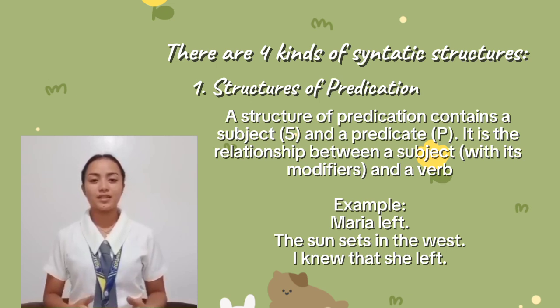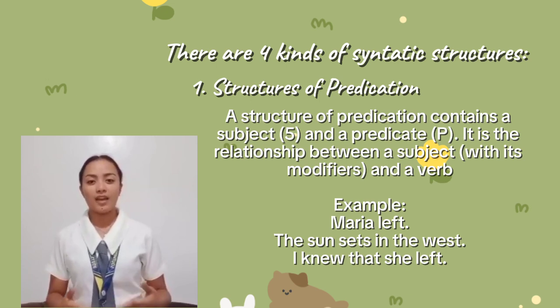Third example is I knew that she left. I is our subject and knew that she left is our predicate because it tells what the subject knew, and that she left is the extra information explaining what I knew.